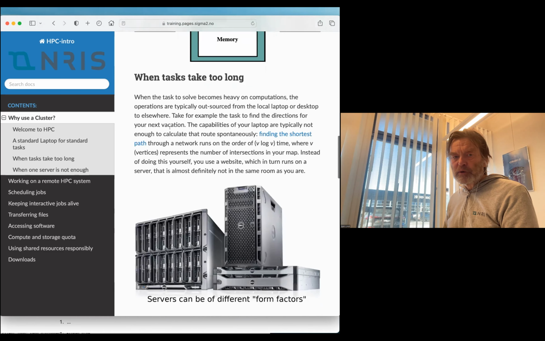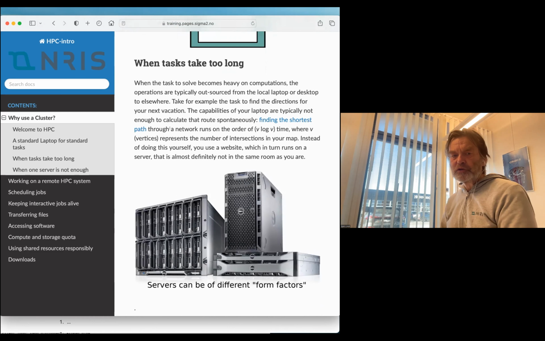So here is a picture of some of the resources that it's possible to use. These are servers, not necessarily HPC servers, but servers. They come in different flavors: blades, pizza boxes, or larger boxes. And they have more processing power than a laptop. The CPU can be of equal type as on a laptop, but they have much more memory and I/O capacity, input-output capacity.